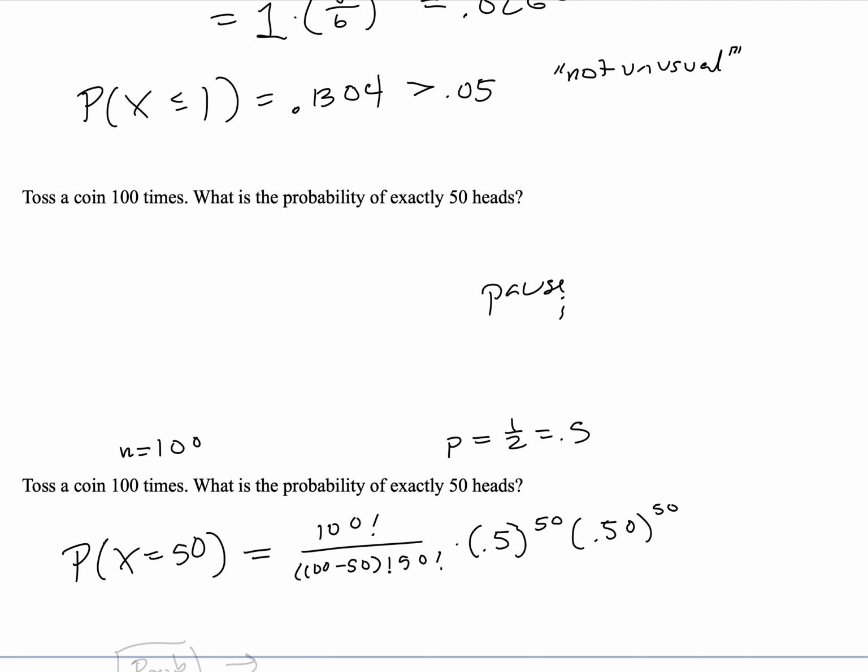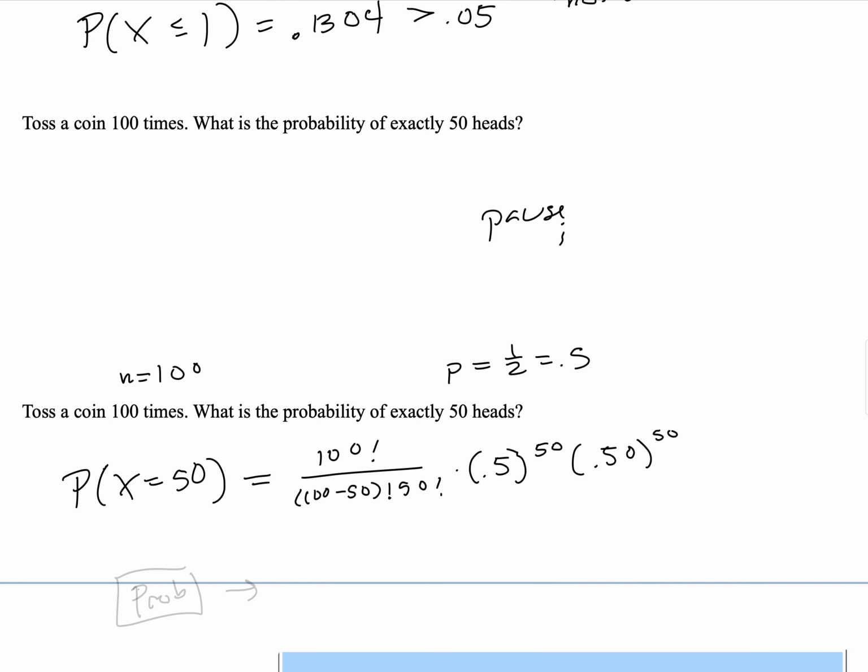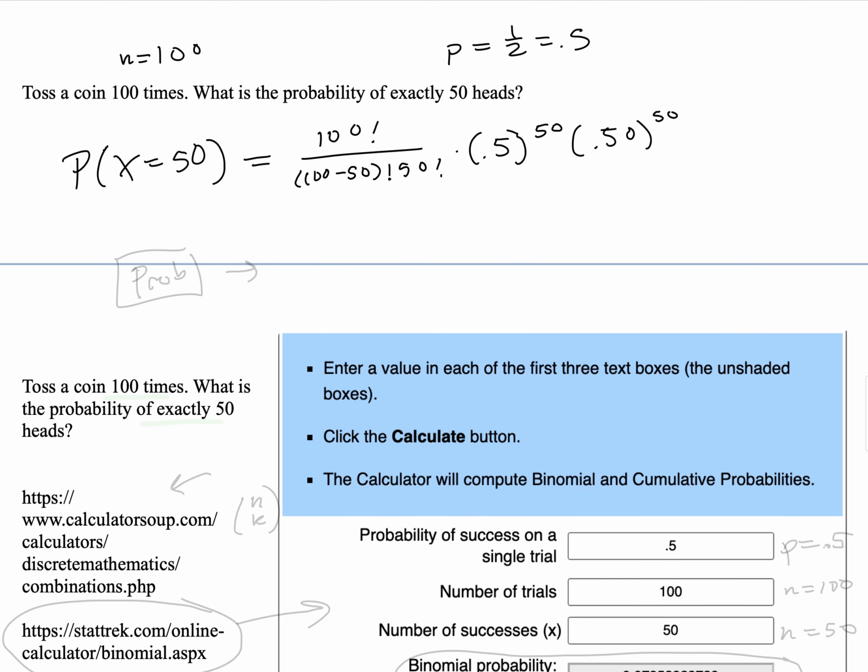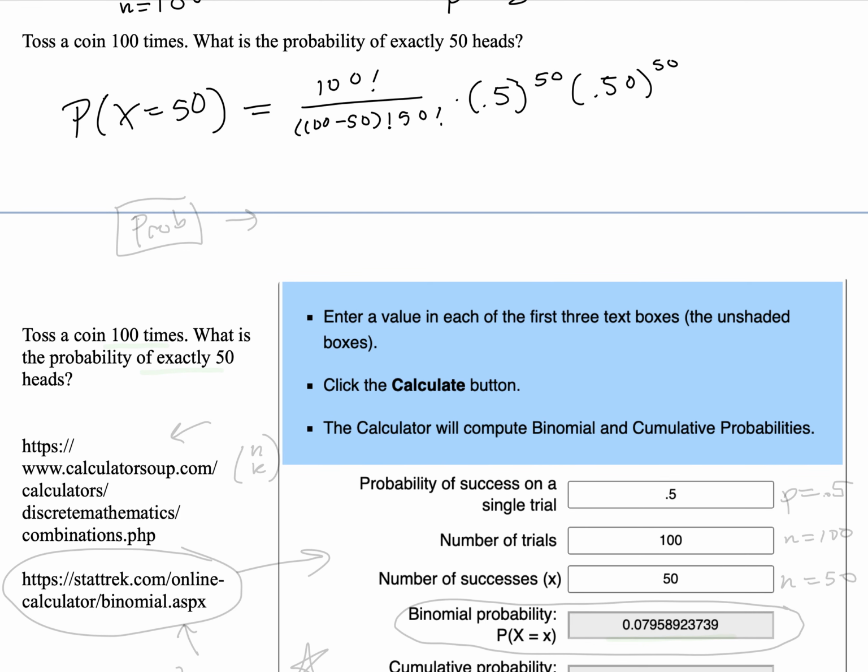And so you might look at that and say, I could calculate that, but I don't want to, and I wouldn't blame you. So there are different ways you can calculate this electronically. As I said, some calculators contain this. You can usually use the probability button, and then go from there on some calculators. Another option is there are a few different online calculators to help you out.